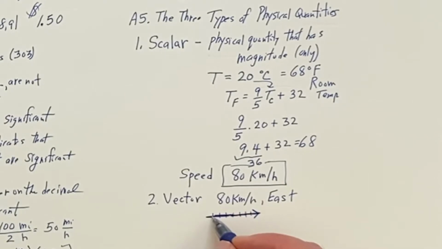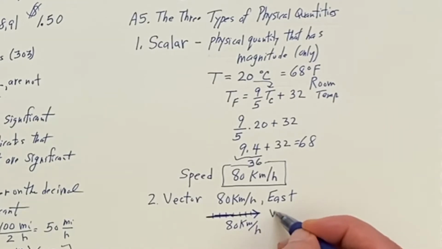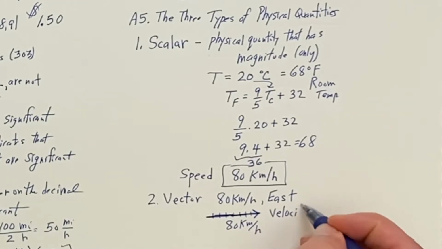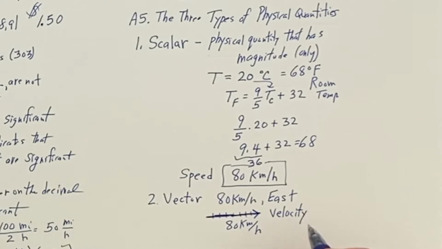Then you would count these, there's 8 of them, so that would be 80 kilometers per hour. That's the length of your vector. That's your magnitude. And then your direction is pointing east. So when you do that, we use the term velocity. Technically, velocity is the speed with the direction included. Although in everyday language, we use them interchangeably.